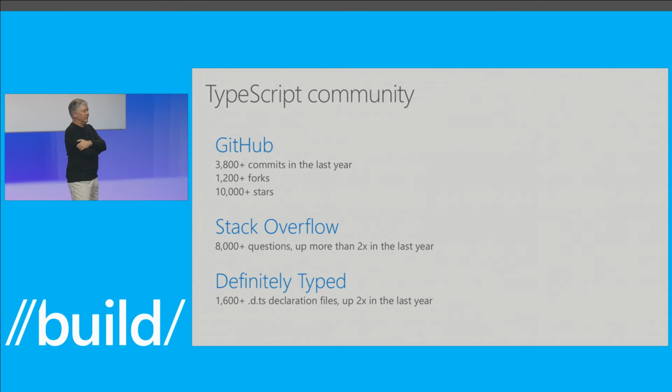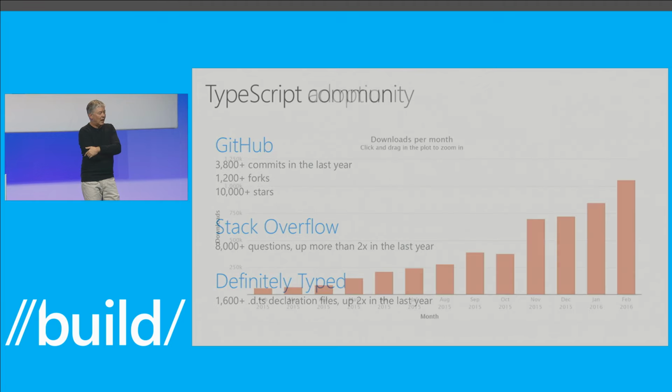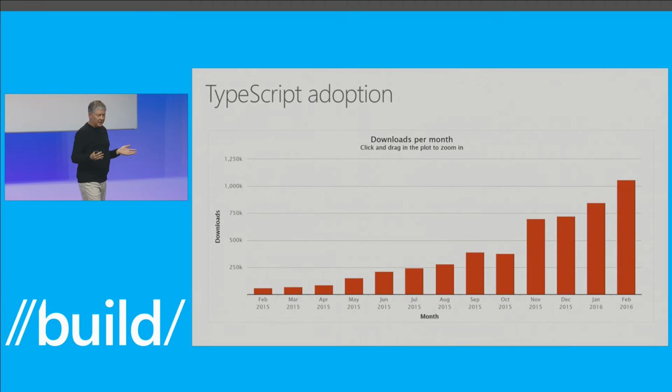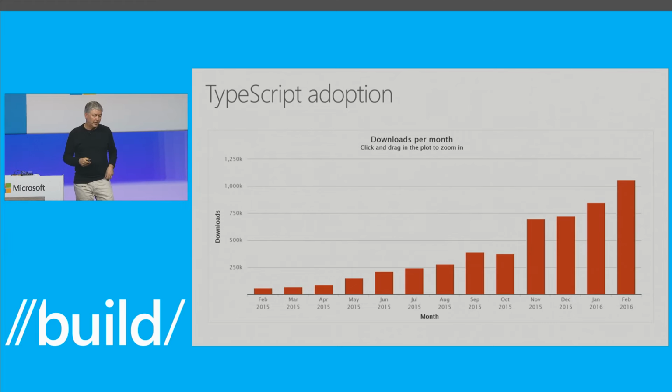The community is very active, and I encourage you to go and interact with our team. We're there every day. Stack Overflow, DefinitelyTyped. Adoption is pretty amazing. Our adoption numbers on NPM are up 15 to 20x over the last year.